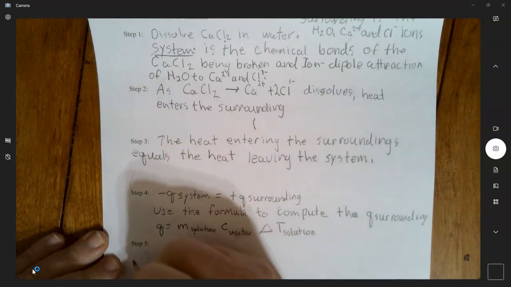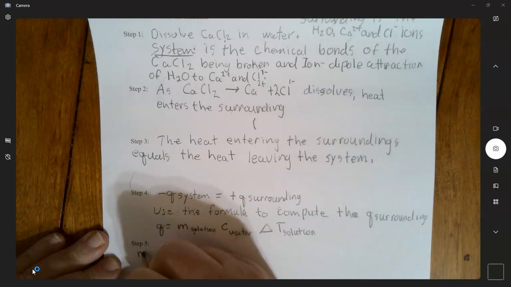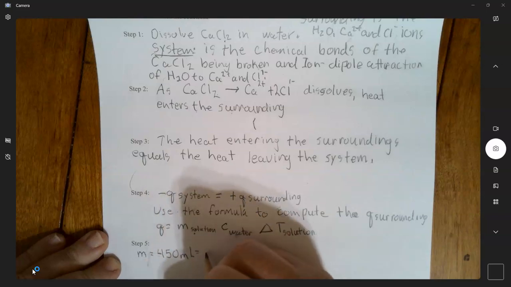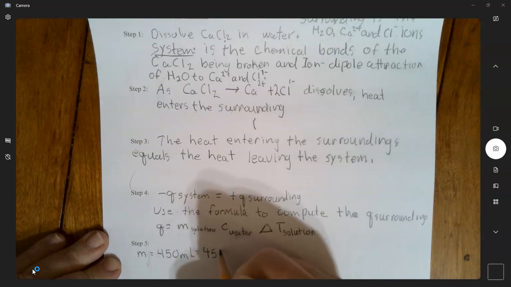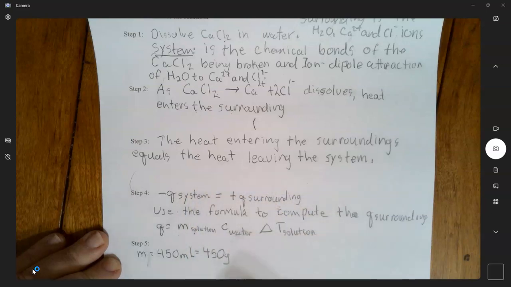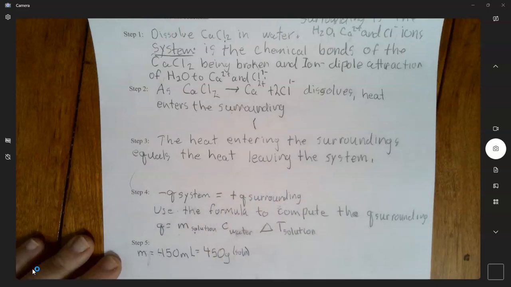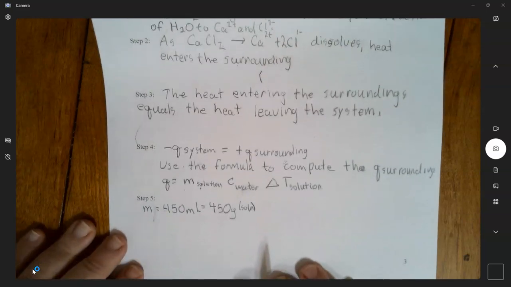The mass of the water is 450 milliliters, which is a volume, but in pure water that's 450 grams. Again, this is not pure water, but we're using it as an approximation. So that's the mass of the solution. It's slightly more than that, but it's not really important.